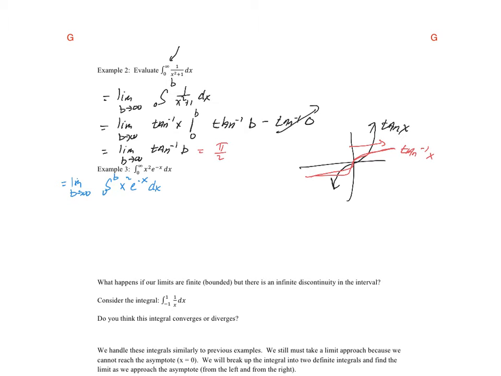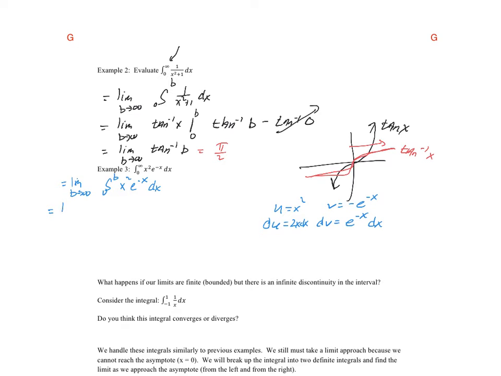So this is an integration by parts. So we're going to let u equal x squared, and then dv is going to be e to the negative x dx. So that means my du is going to be 2x dx, and my v is the opposite of e to the negative x.